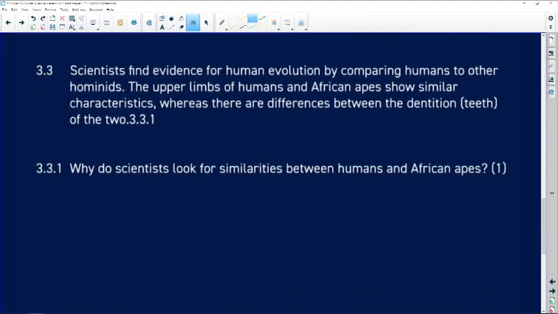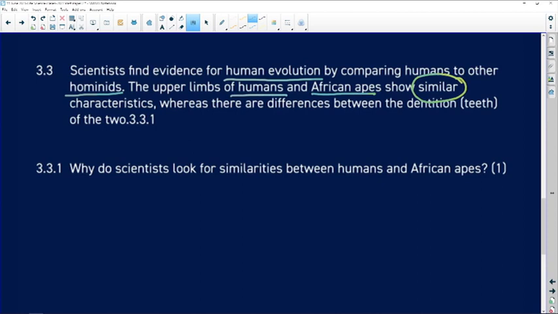Let's move on now to question 3.3. Scientists find evidence for human evolution. All right, so we're looking at human evolution by comparing humans to other hominids. The upper limbs of all humans and African apes show similarities, similar characteristics.